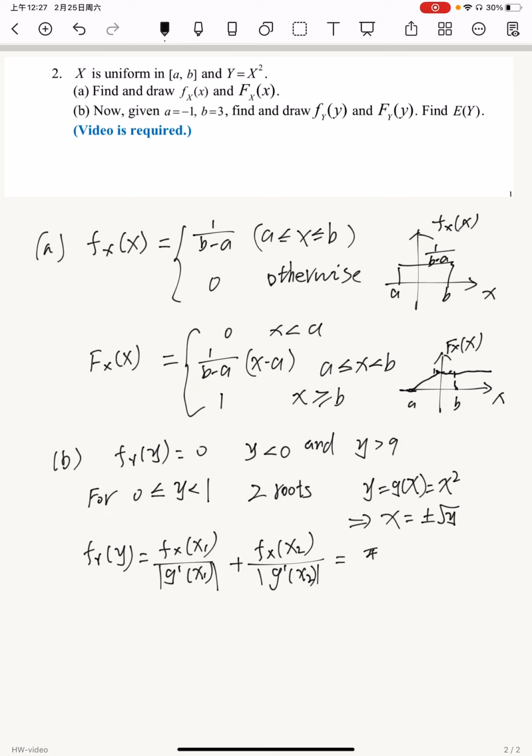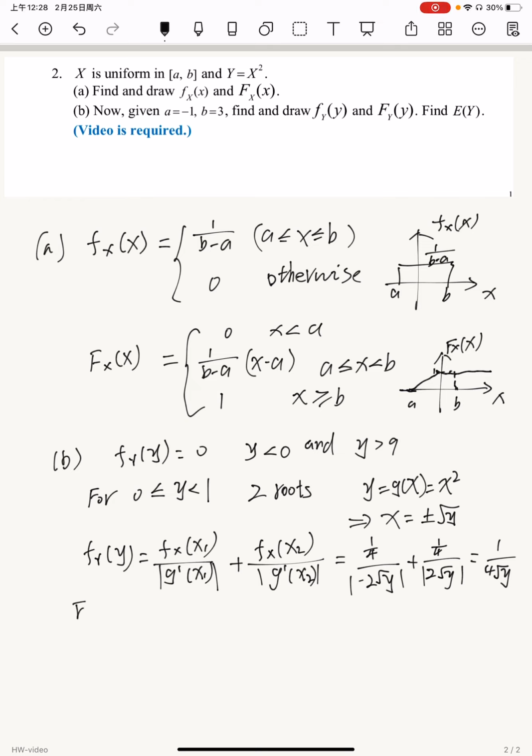which is 1/4 divided by minus 2 root y plus 1/4 divided by positive 2 root y, and the outcome is 1 divided by 4 root y.